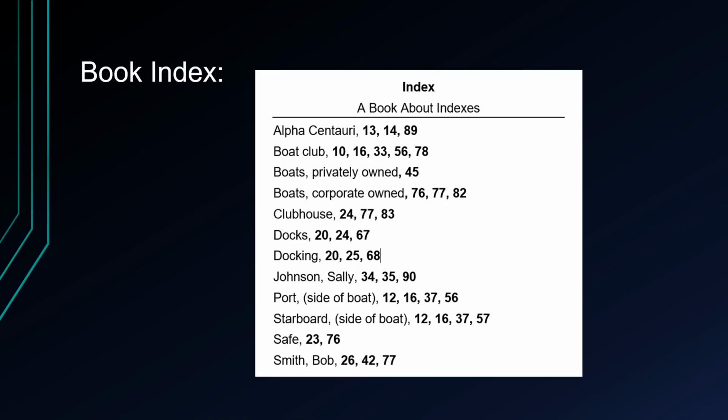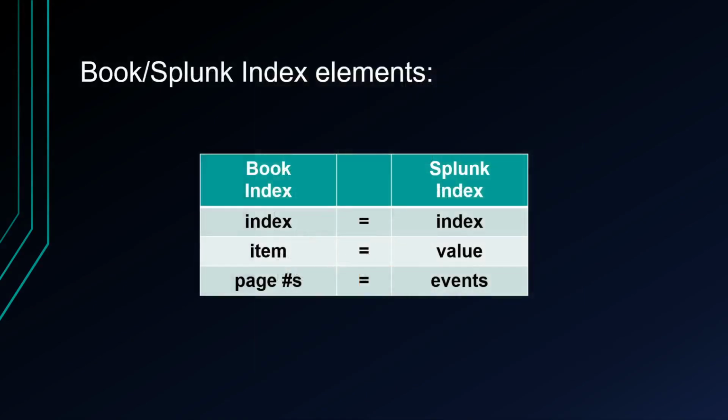So there's 2 elements to a book index. You have the item and the page number. So item, page number. Splunk indexes are kind of the same way. You'll see in column 1 of the book index, you have the item that you're looking for, and then you have page numbers.